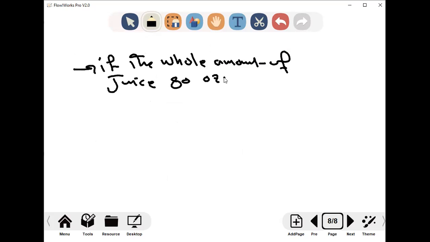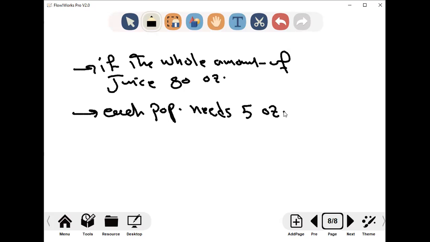We know the whole amount. Right. And each popsicle needs, let's say, 5 ounces. I'm asking you how many popsicles he can make, right?